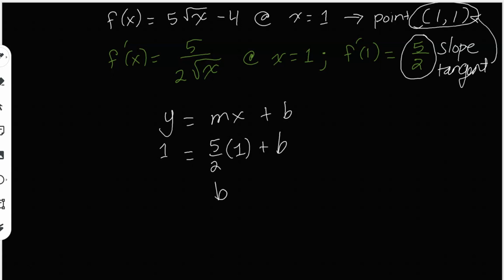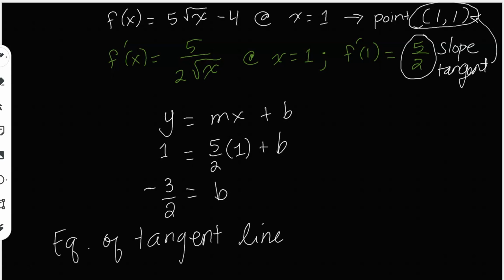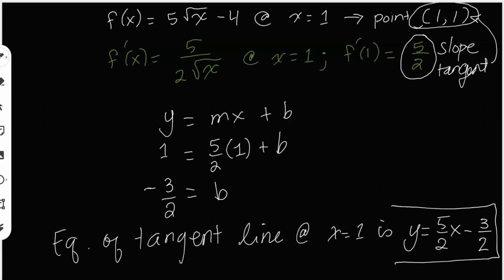So minus 5 over 2 to the other side, we will have b is negative 3 over 2. So the equation then of the tangent line at x equal to 1 is y equals 5 over 2x minus 3 over 2. That's the equation of the tangent line.